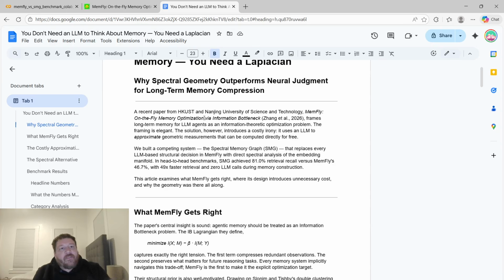And then the end result is that this particular method that we're diving into here is all based off of entropy compression.